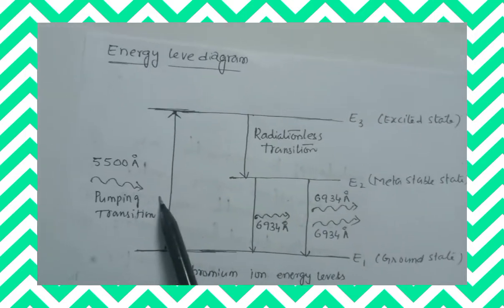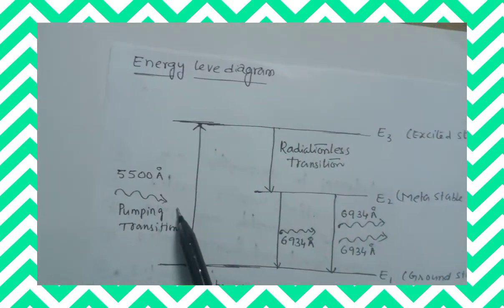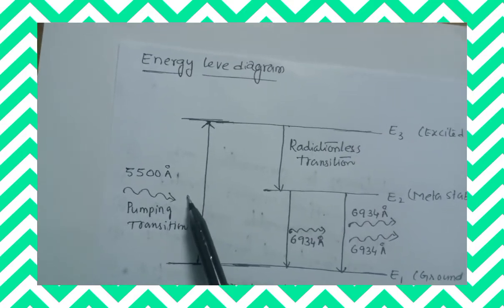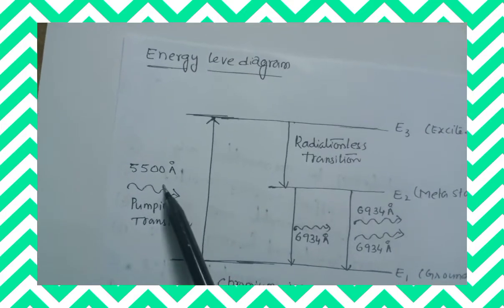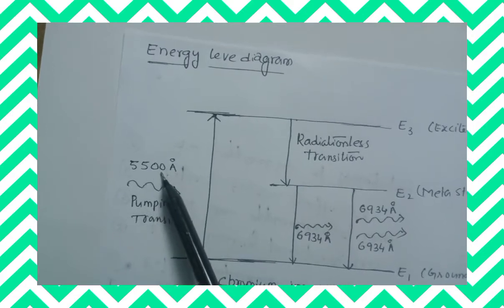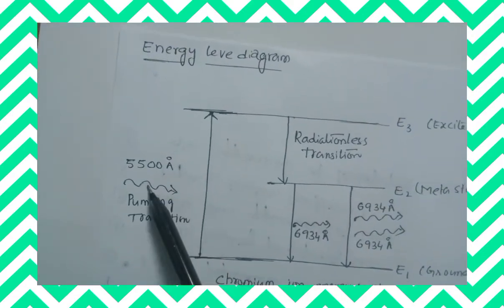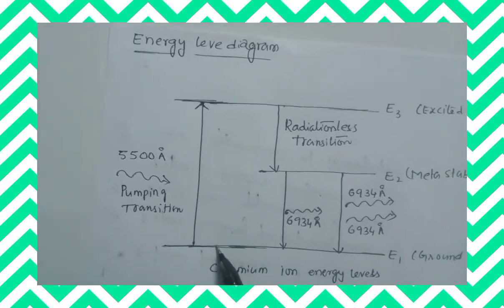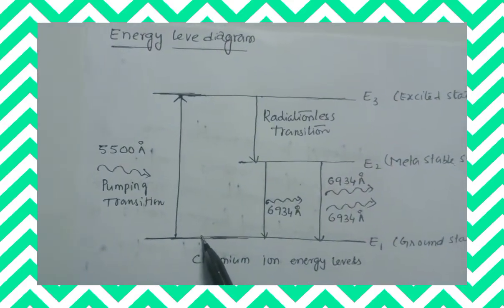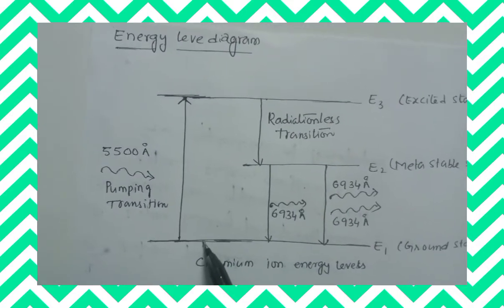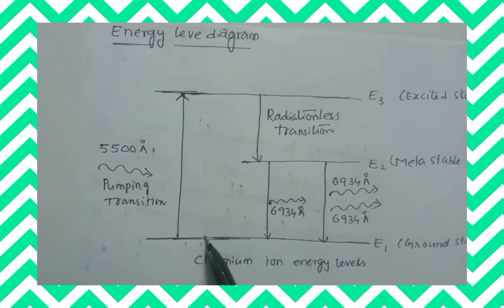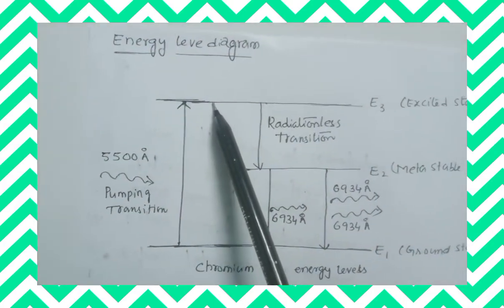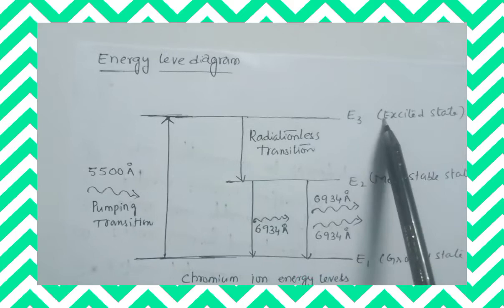Now, when we supply power to the exciting system, the xenon flash tube gives light of wavelength 5500 angstrom. This light is incident on chromium ions in the ground state, and these ions absorb energy and go to the higher energy level called E3.